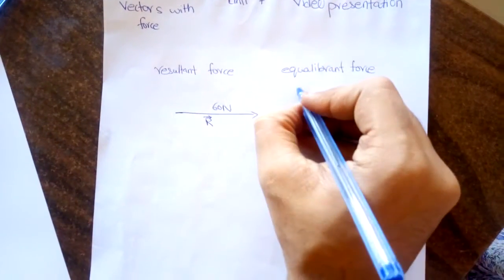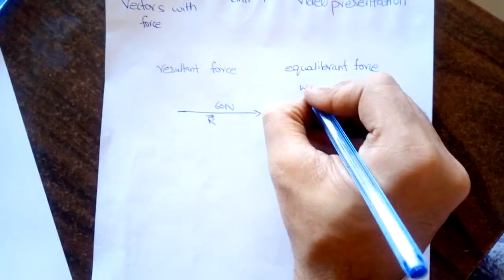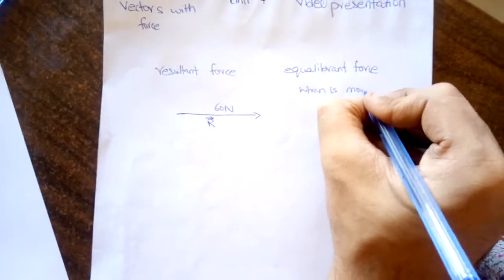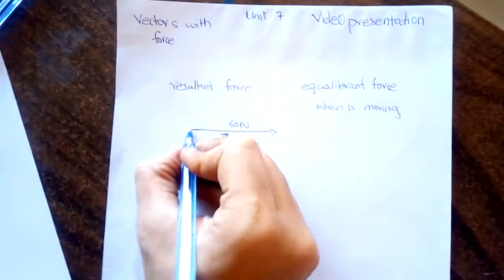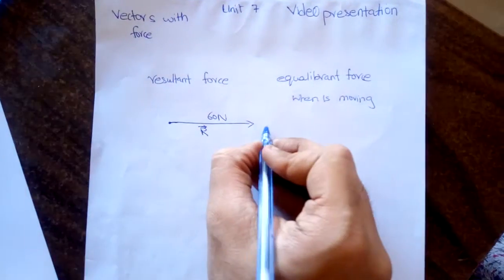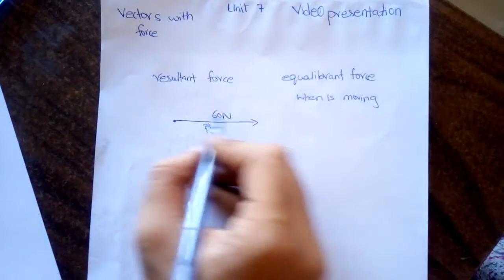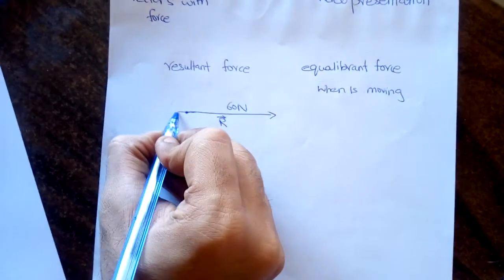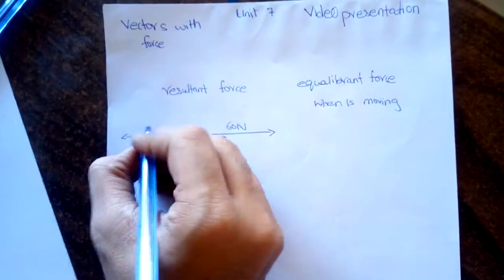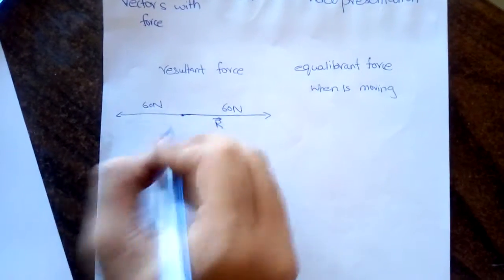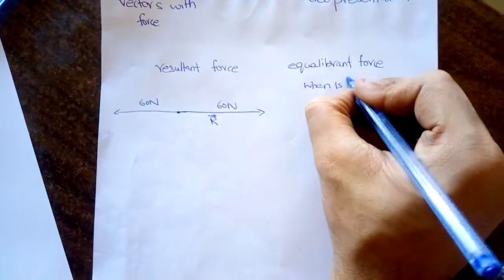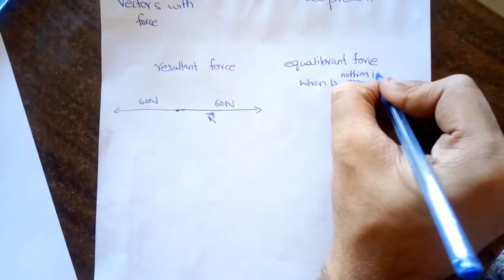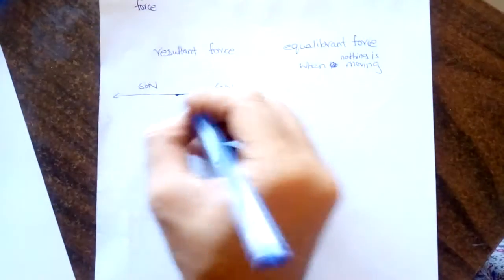Equilibrium force happens when nothing is moving. So if a force is going this side from an object, so it's moving right in this direction, and if you want to stop it you have to have an equal force this side of 60 newtons to stop this object.